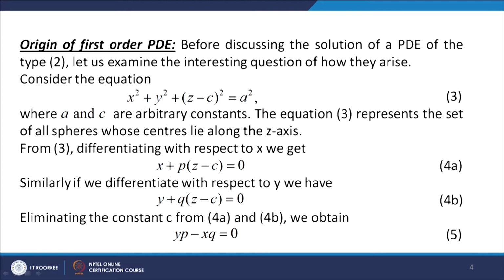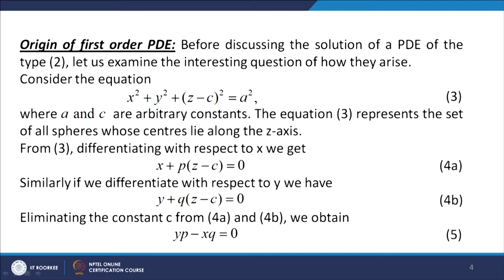So, consider the equation x² + y² + (z − c)² = a², where a and c are arbitrary constants. You can see that this equation represents the set of all spheres whose centers (0, 0, c) lie along the z axis and the radius is a.